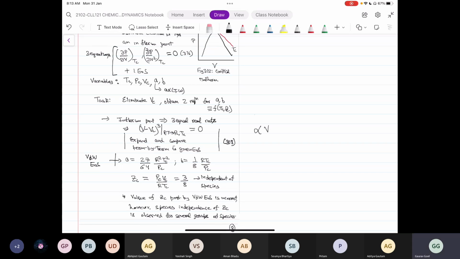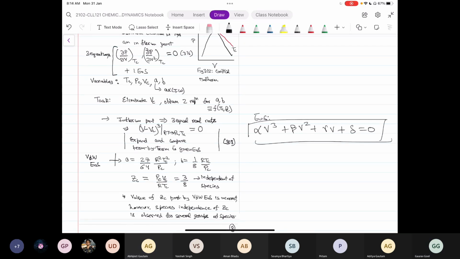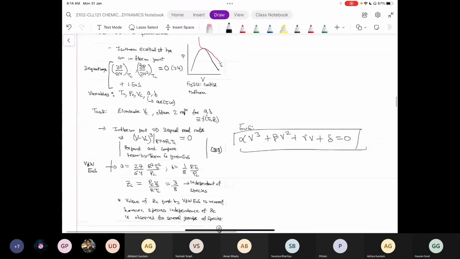So let's say the equation of state has this particular form. And now if you expand the cube in equation 3.18, sorry, we expand that cubic formula in 3.18.